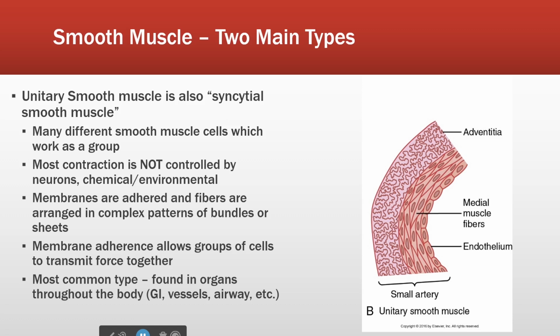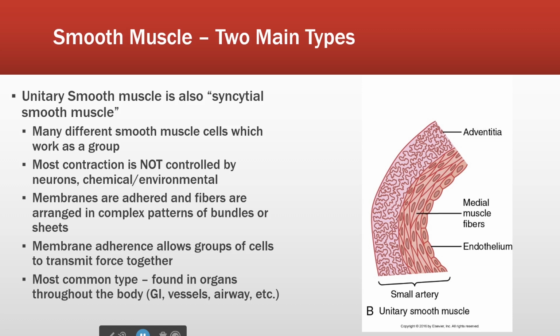If you think about your digestive tract, for example, it does not contract because the brain tells it to. Your digestive system contracts because it's an autonomous organ that manages itself. So this is one of the big differences between skeletal muscle and smooth muscle: smooth muscle is not controlled by neurons.